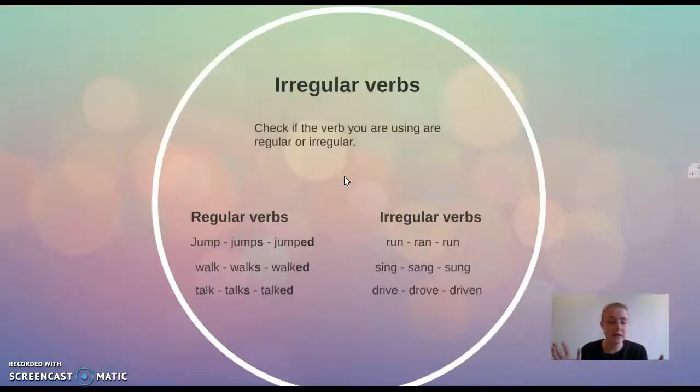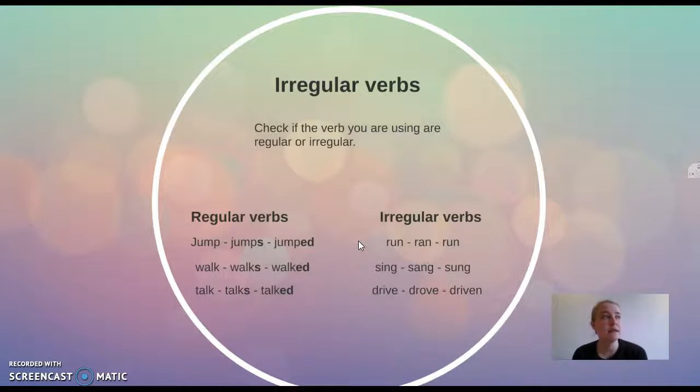Then you have the irregular verbs. You all are very good at the regular ones. Jump, jumps, jumped. Walk, walks, walked. But we have some irregular verbs in English that don't follow this rule, and there isn't really a reason why these words are like this.